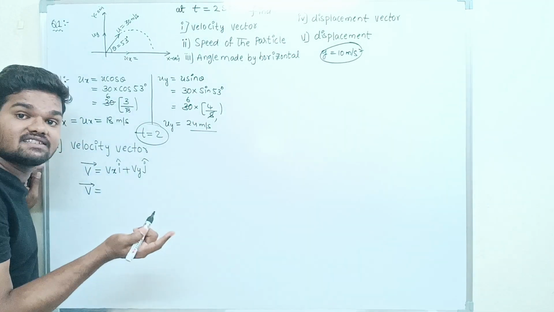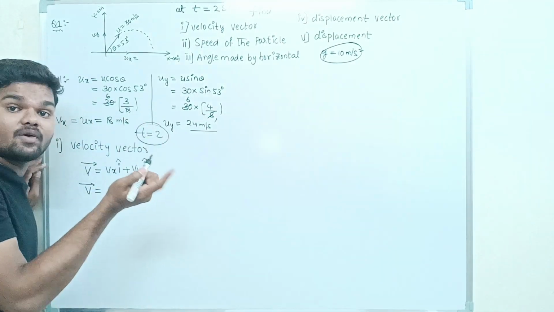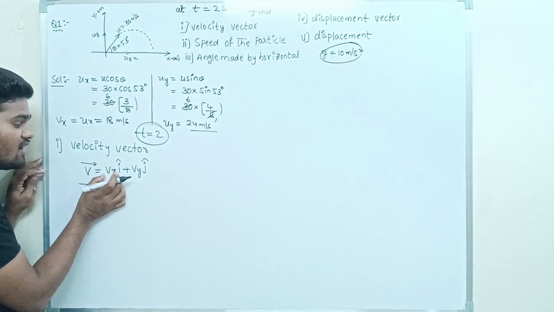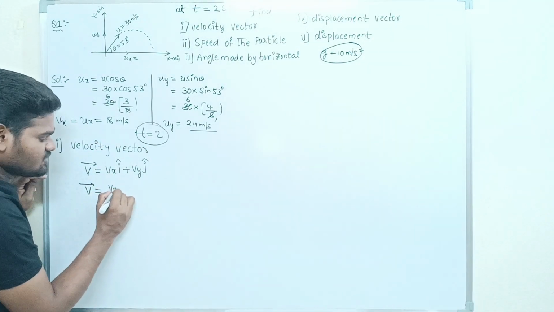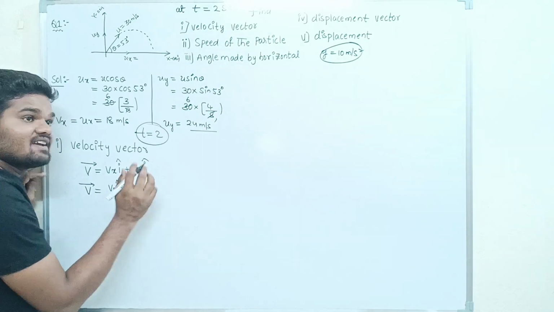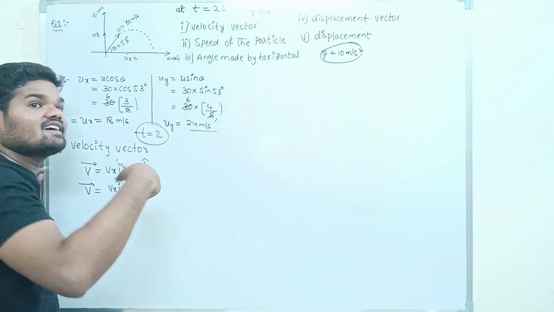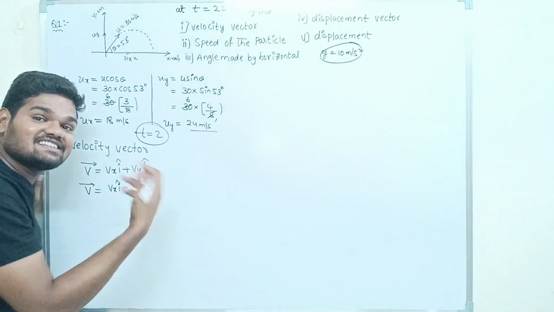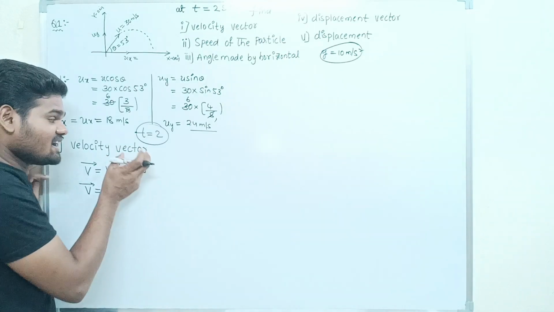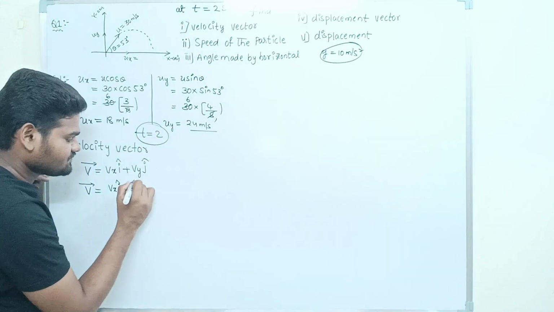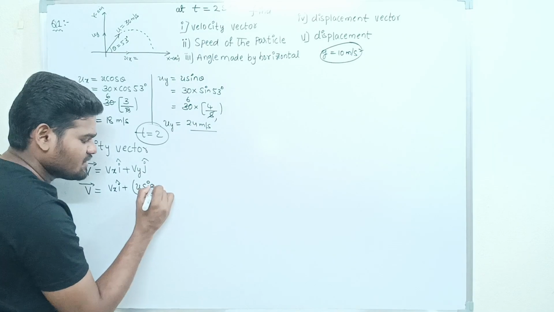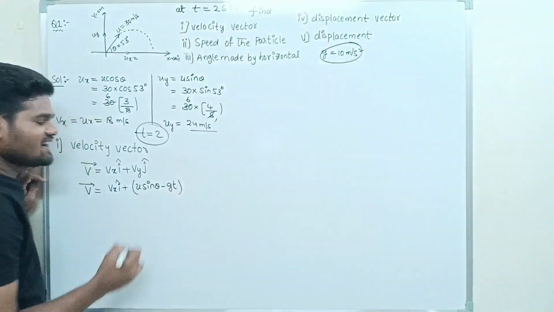So along x direction, the initial and final velocity components are the same. So you will get ux i cap plus the velocity along y direction. What is that? It is a function of time: u sin theta minus gt.